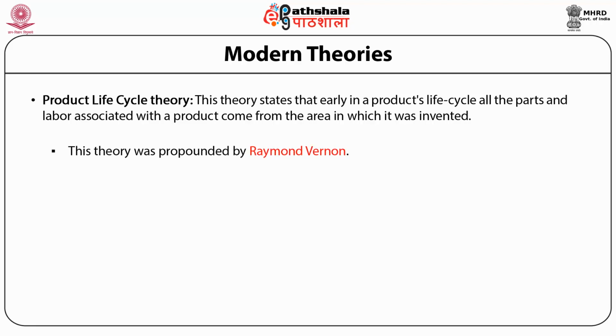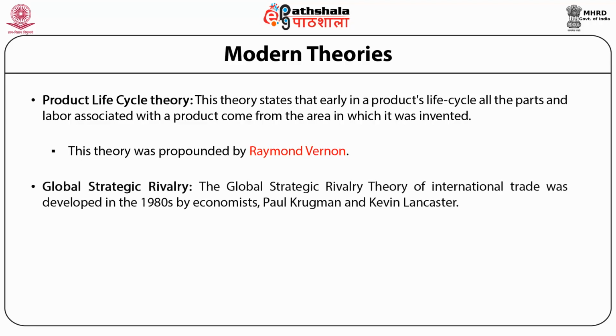Another modern theory is global strategic rivalry. The global strategic rivalry theory of international trade was developed in the 1980s by the economists Paul Krugman and Kevin Lancaster. This theory is a means to examine the impact on trade flows arising from the global strategic rivalry between multinational corporations.